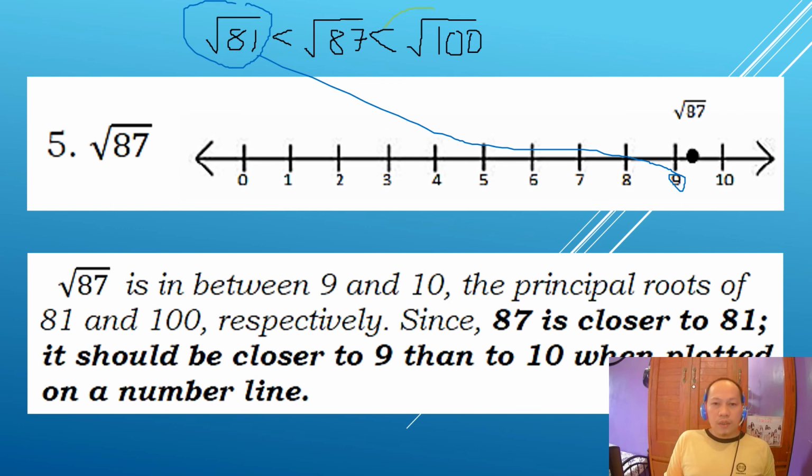Whereas yung square root of 100, ito yung 10. So, yung square root of 87, ito siya. Okay? Yan. So, ganun lang mag-plot ng square roots that are irrational numbers.